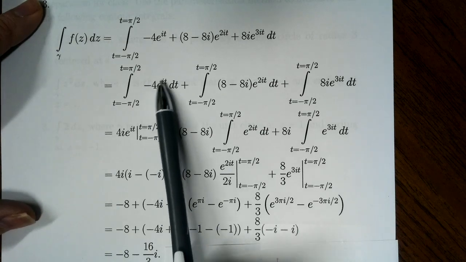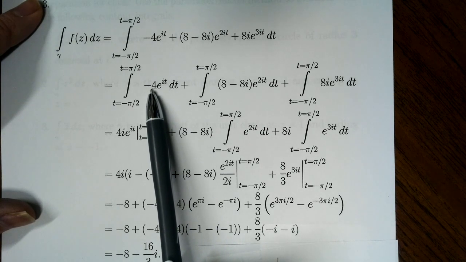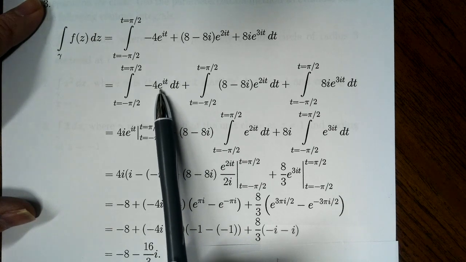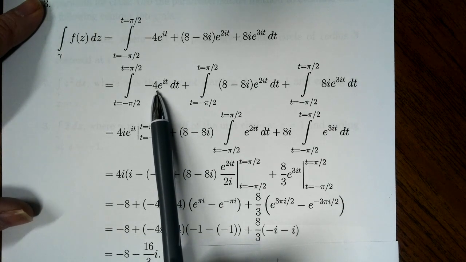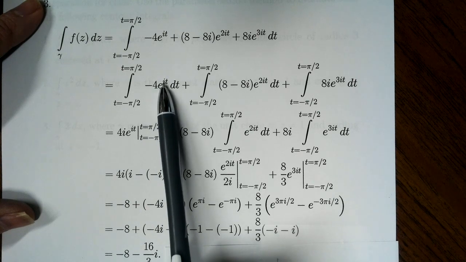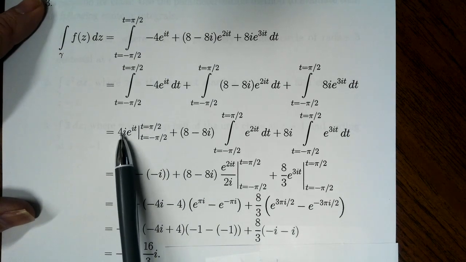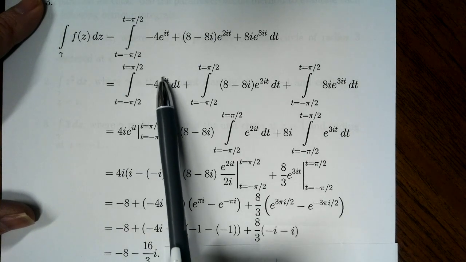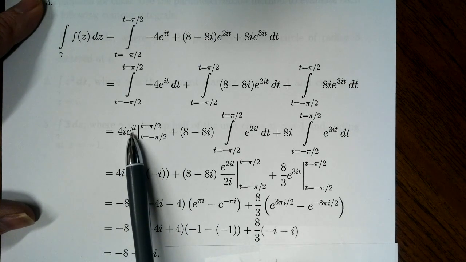So the antiderivative of minus 4 e to the it would be minus 4 divided by i times e to the it. Now, dividing by i is the same as multiplying by negative i. So if I take this minus 4 and divide it by i, it simplifies to be just 4i. So the antiderivative of that term is 4i e to the it.